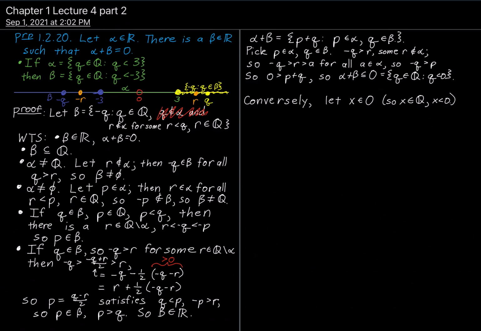And our goal is to show that x is in alpha plus beta. Right, so now here's how we're going to do this. We're going to let y be negative x over 2. So y is a rational number, a positive rational number.